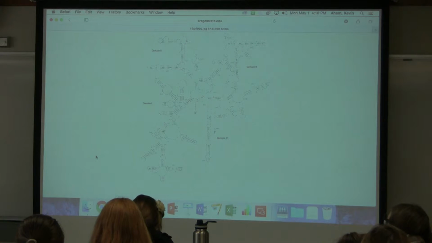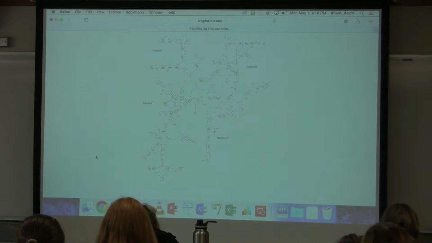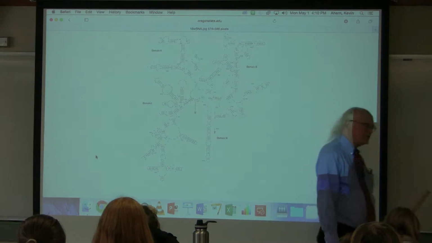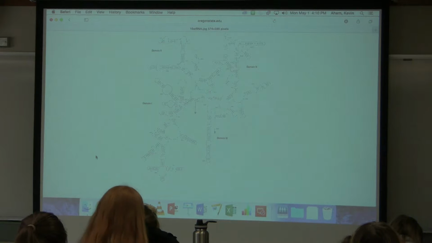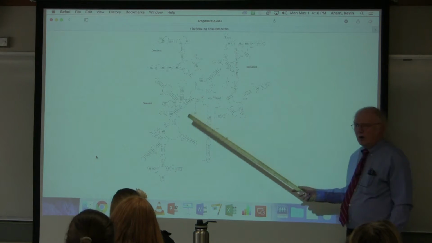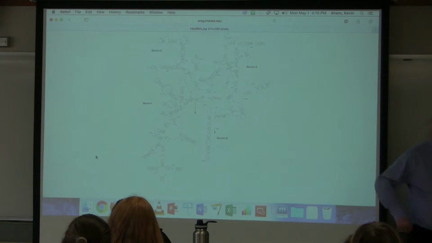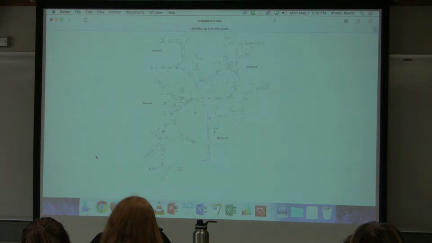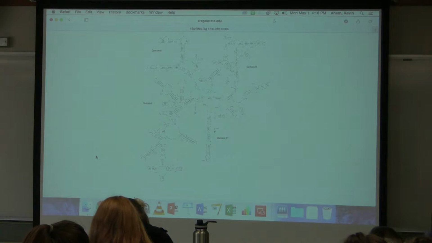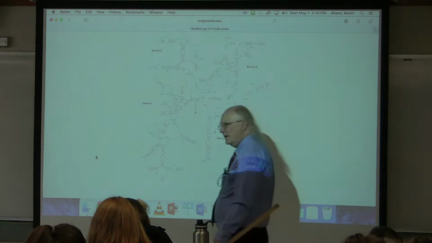Now, the elaborate structure of these ribosomal RNAs plays roles in translation, and we know some of them, but not all of them. One of the main functions of ribosomal RNAs is to catalyze the synthesis of the peptide bond.